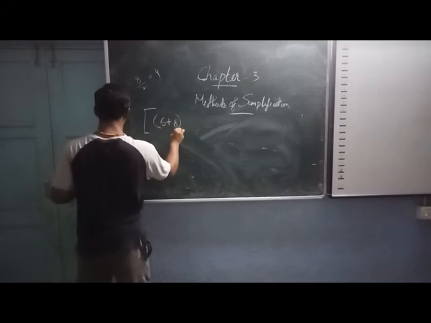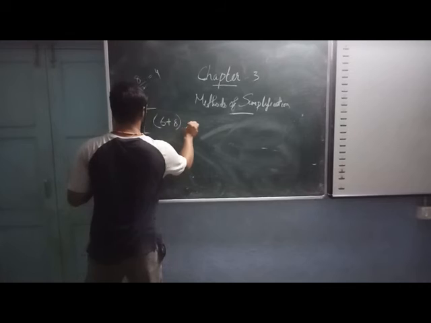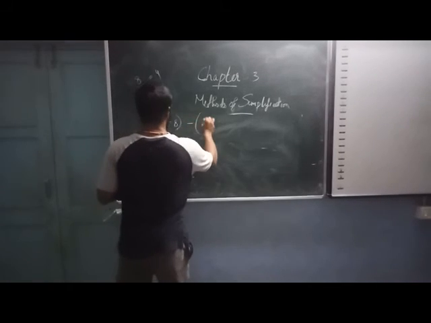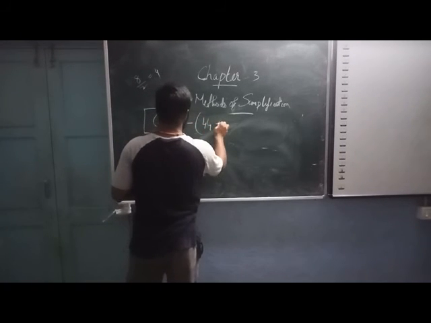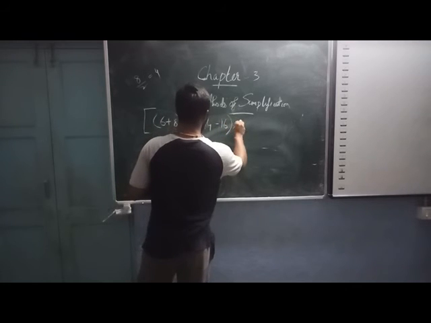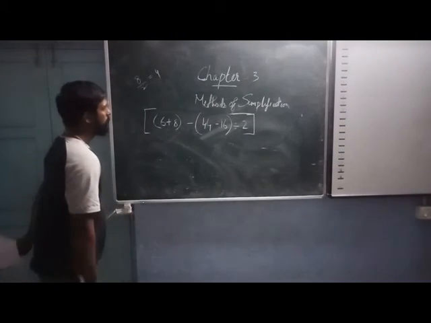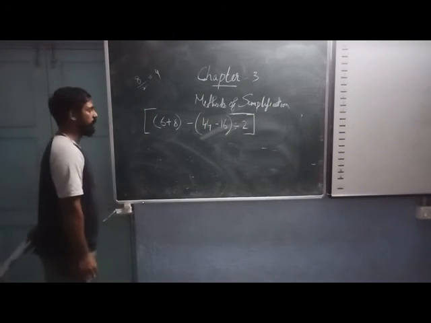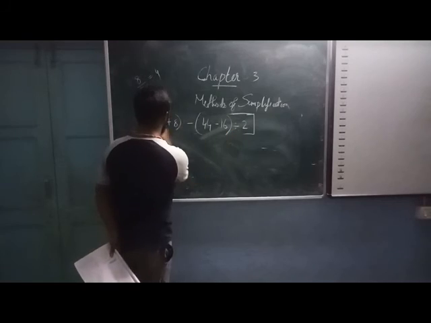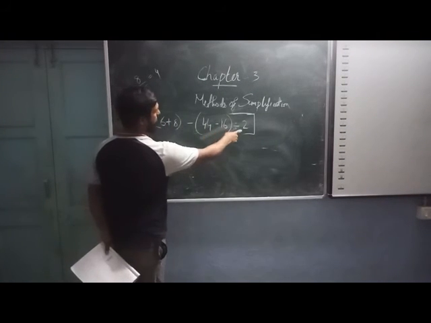Plus 8 minus 44 minus 16 divided by 2. This is the question that is given. There are two brackets. This is a closed bracket, that means it finishes. This is a half bracket. So there are two brackets here.